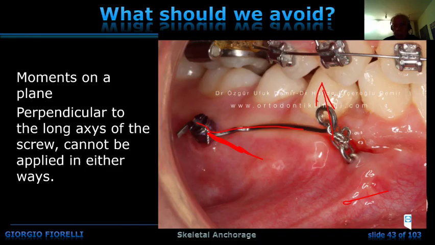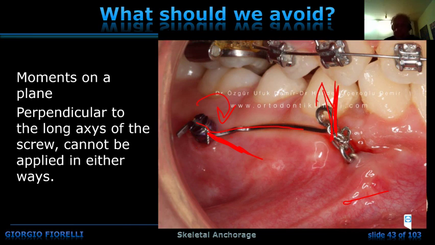And so when you activate this vertically like this, what you are creating is a moment in this direction which is mostly perpendicular to the axis of the TAD. So there are good chances that in weeks or a couple of months this is going to get loose. And in fact this is what happened.